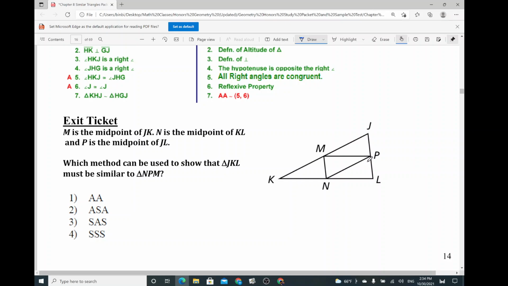Okay, so if that's the case, this one is the mid-segment, this one is the base. If that's the mid-segment, that means it's always parallel to the base. If those two line segments are parallel, that means the corresponding angles must be congruent. So this two angles right here got to be congruent.